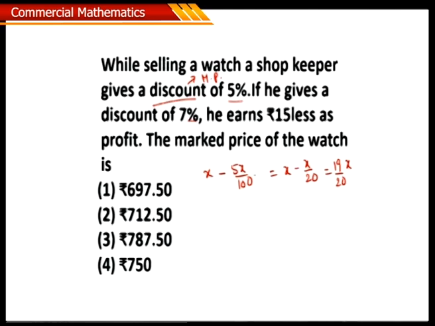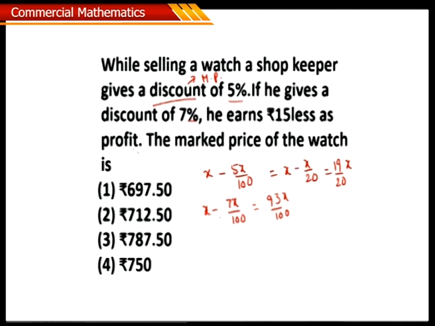So this is when the discount is 5%. On the other hand, suppose a 7% discount is given, then the selling price is 93x by 100. So how do you obtain the profit?